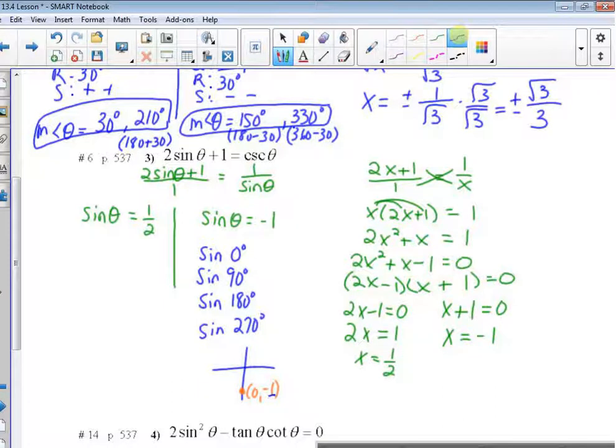And it's right there at 270. Okay? If you're at 0, you're looking at a y-coordinate of 0. If you're at 180, that's negative 1, 0, also 0. And if you're at 90, you're going to be at positive 1, because this point is 0, 1. So I'm looking at all the y-coordinates. So the measure of angle theta here is 270.